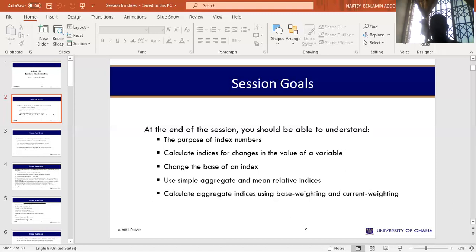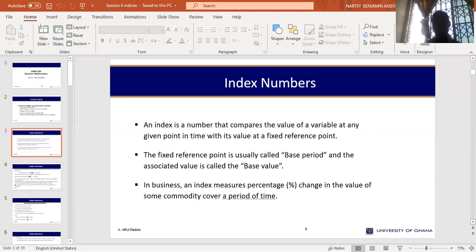Okay, so what are index numbers? Now, an index number is a relative number, right? It's because it relates the relationship between two values, and it expresses this in a conventional form as percentage.